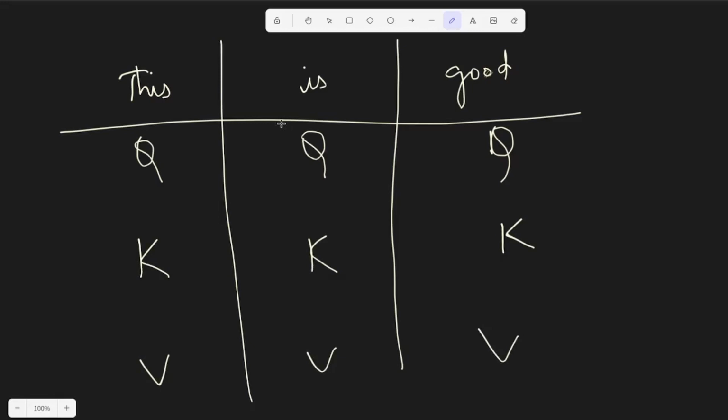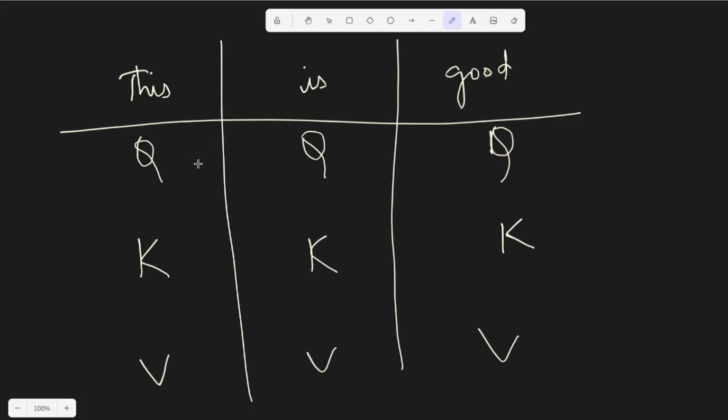Now let's not really focus on the dimension of the vector and the number of heads. Let's not talk about the numbers right now, but let's say I'm calculating a representation with 2 heads.